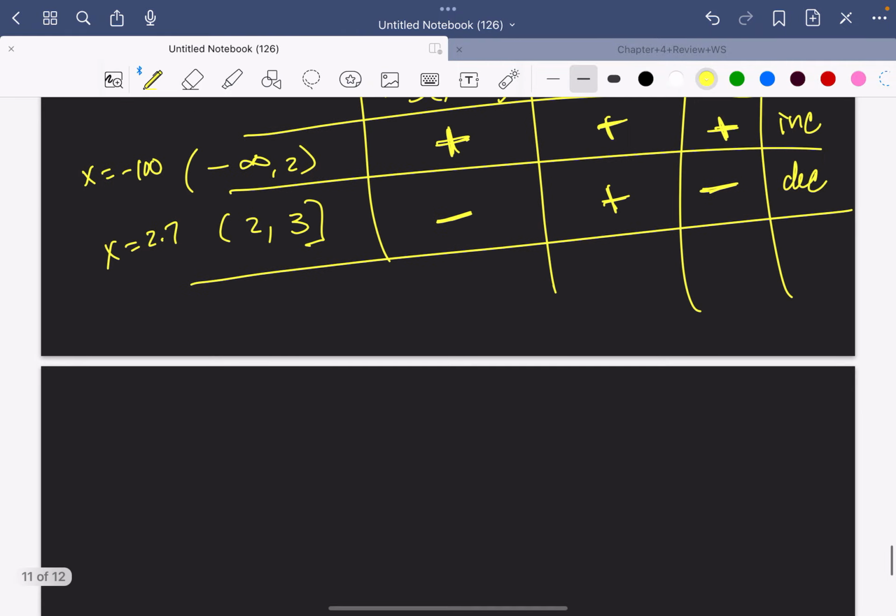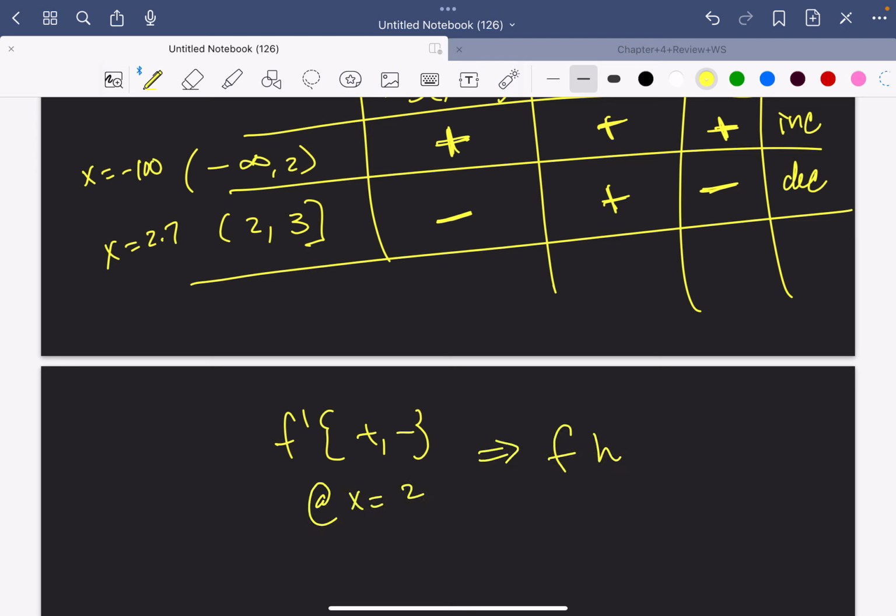So since f prime goes from plus to minus at x is equal to 2, that implies f has a local max. Right? Good job.